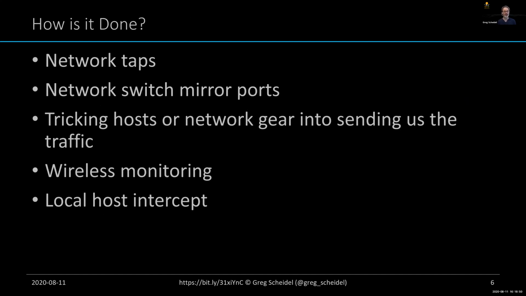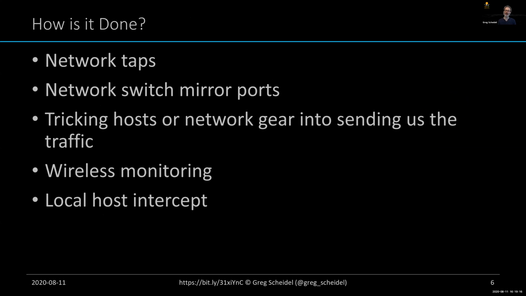Now, how this actually works in practice, how we intercept the data, there's multiple methods for that. If I am on a wired network, say Ethernet or fiber, and I have two hosts on opposite sides of the room that are communicating with one another, there's a cable there. And I can put in something called a network tap. What the tap does is it basically sits in the middle of that cable.